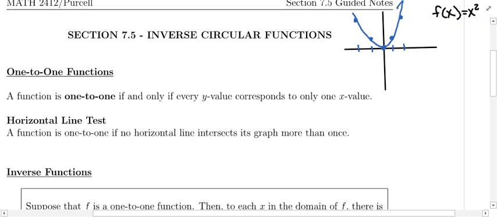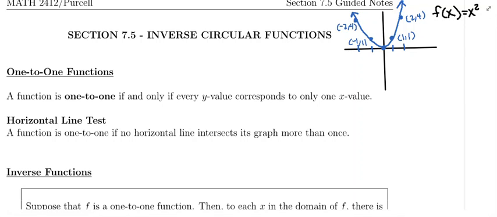You get this parabola, and this is just a rough sketch, but you see that we have some repetition among the y values. This point was 2, 4, this is 1, 1, this is -1, 1, and this is -2, 4. If you read the definition, every y value has to correspond to only one x value.